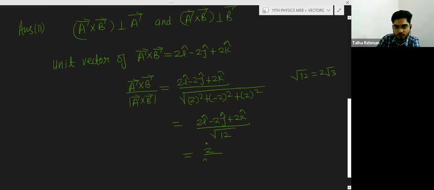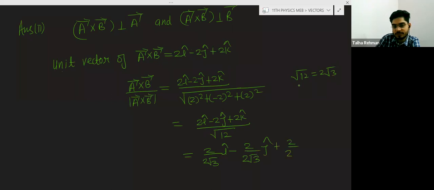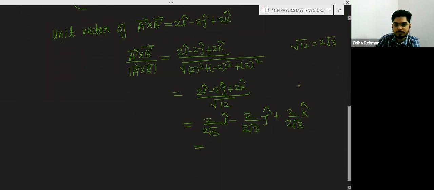So this will become 2 divided by 2 root 3 of I cap, minus 2 divided by 2 root 3 of J cap, plus 2 divided by 2 root 3 of K cap, and the 2 and 2 will cancel out. So this will become I cap by root 3 minus J cap by root 3 plus K cap by root 3.